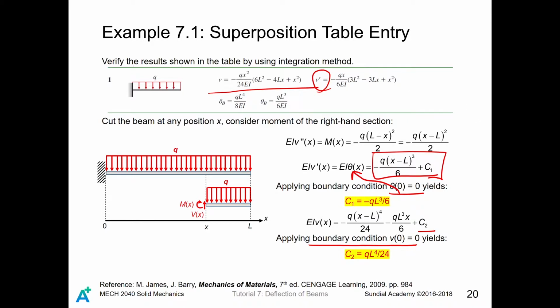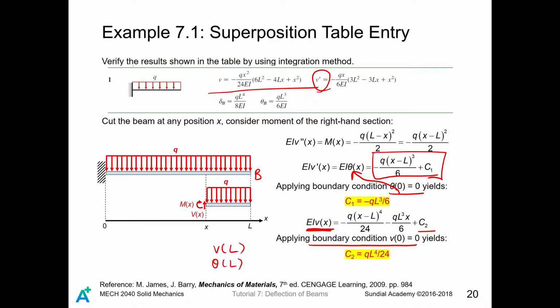For delta b and theta b, you just substitute the value. Because for this beam the length is L, we put L into v of x to get v of L, so we find v of L and theta of L. Then we get the result of delta b and theta b, where b is just the free end.